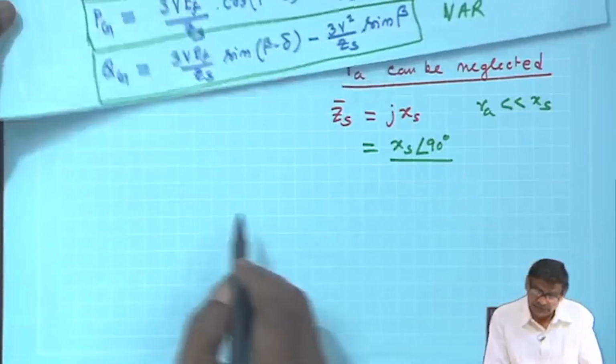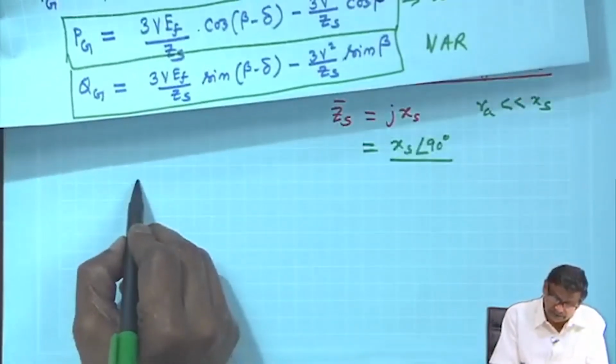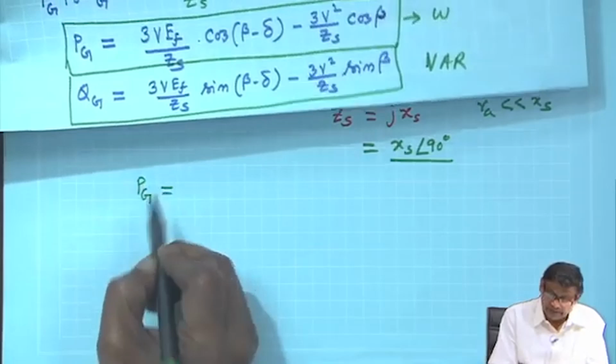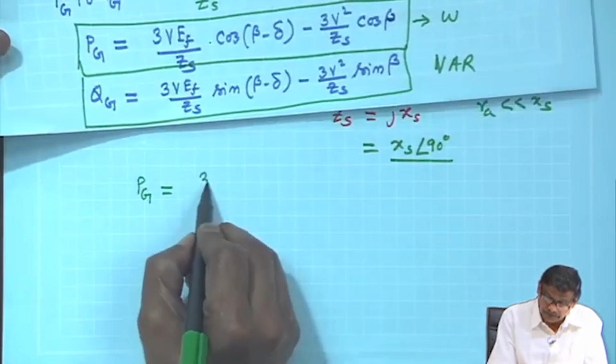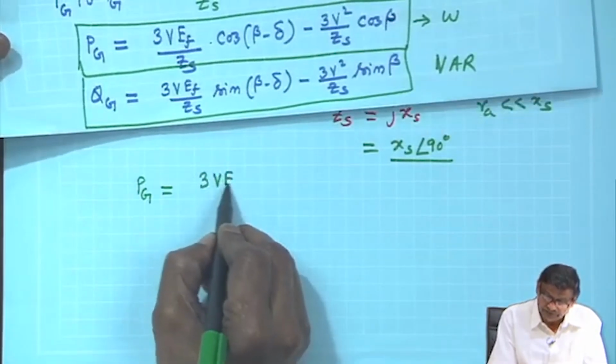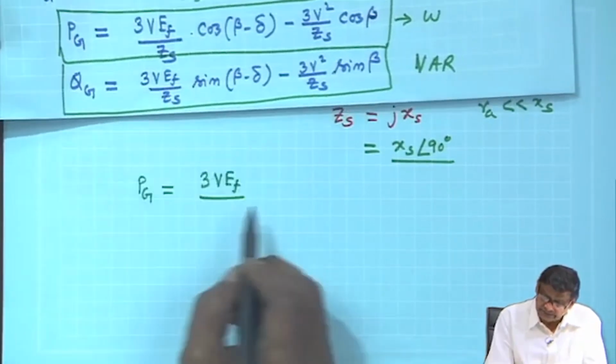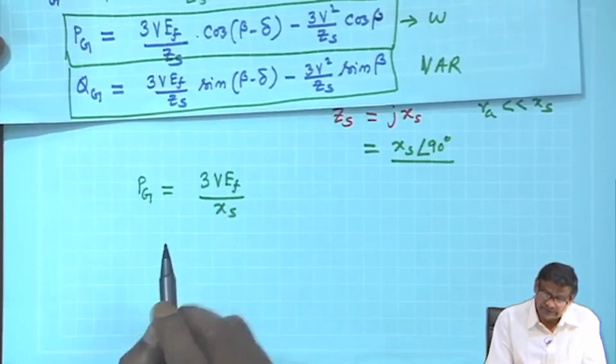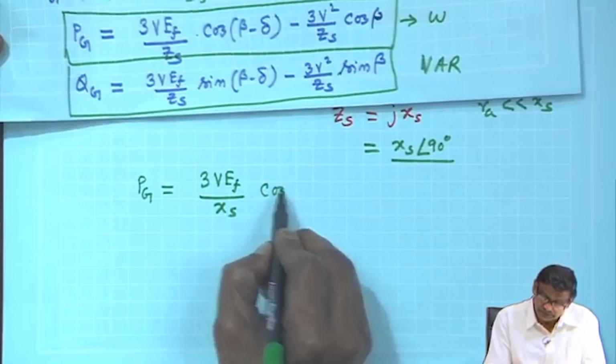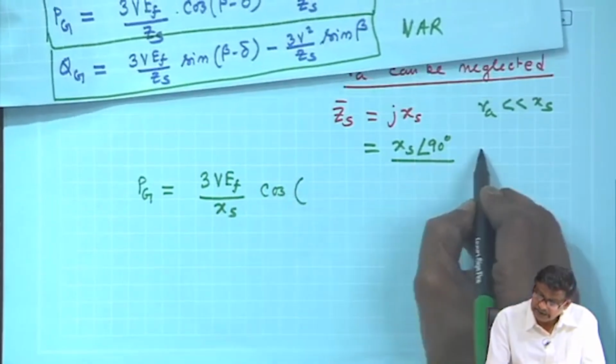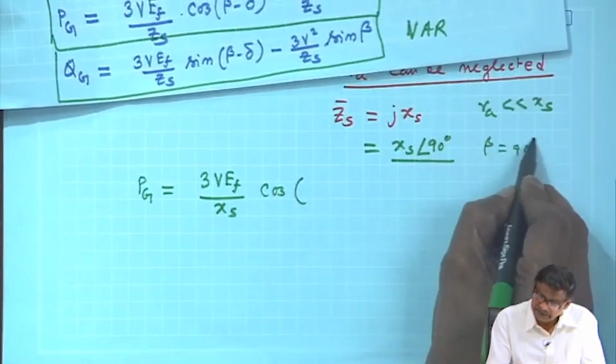So, I will put for PG, the real power output, equal to 3 V EF, ZS is XS, into cosine of beta, which is then 90 degree here.